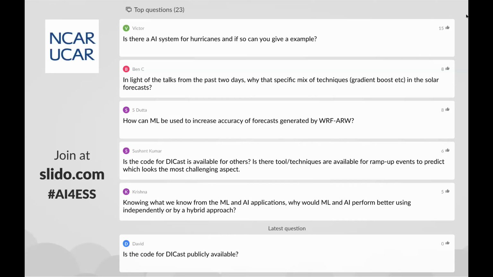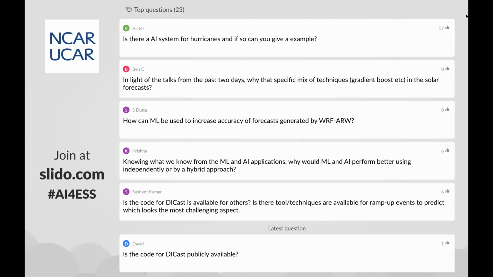Now, for hurricanes, we want to improve prediction of both the track, where the hurricane is going, and the intensity. The analog ensemble was applied to hurricane prediction a few years ago and found that it was able to improve prediction of both.